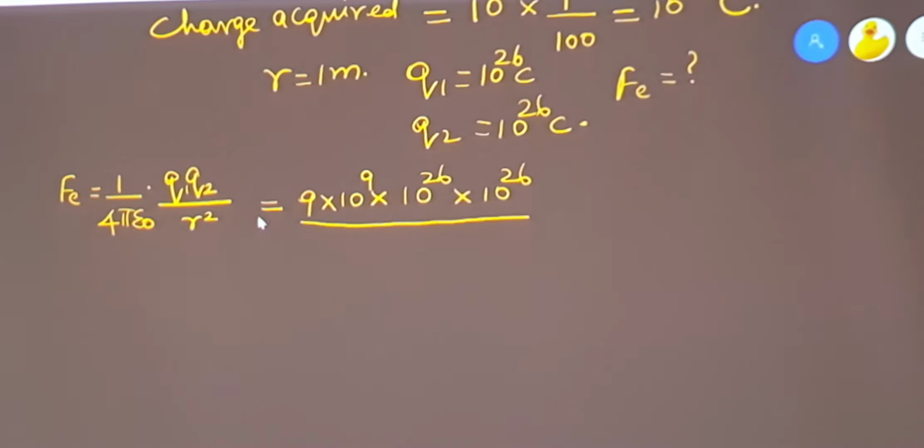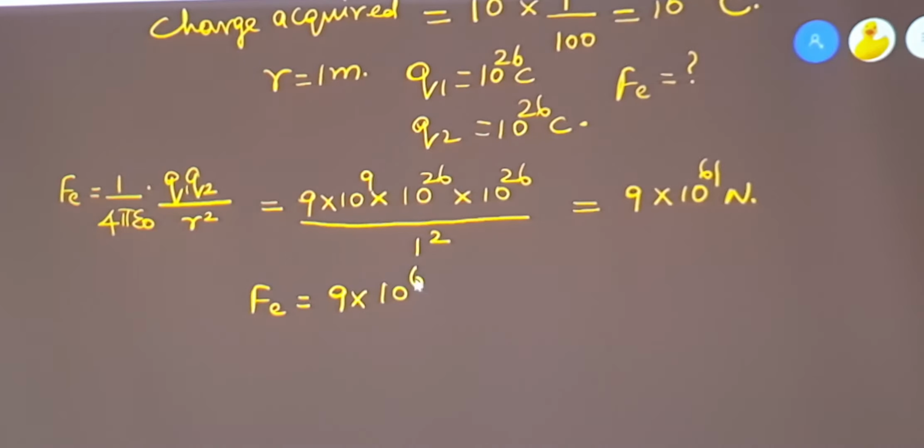Whole divided by R square. R square is 1 square. So on simplifying, 26 plus 26, 52 plus 9, you will be getting 61. So 9 into 10 to the power of 61 Newton. That is the electrostatic force. So electrostatic force F equal to 9 into 10 to the power of 61 Newton. This is the electrostatic force between you and your friend.